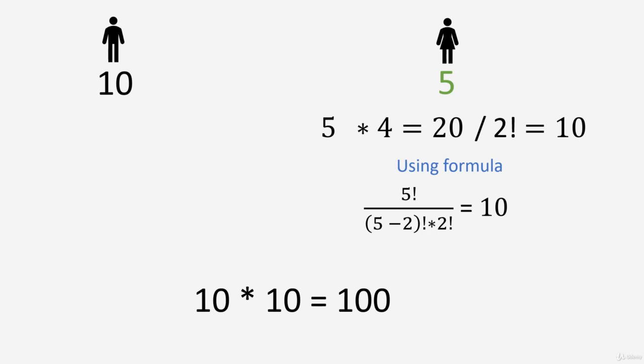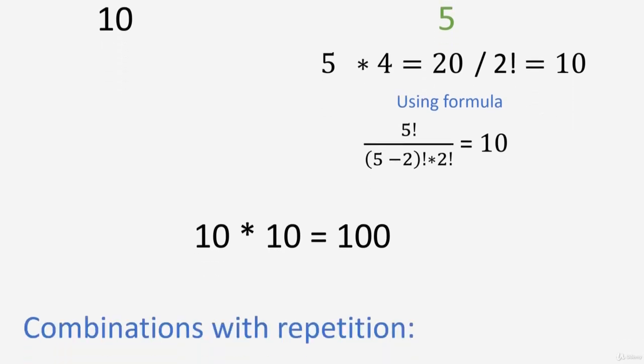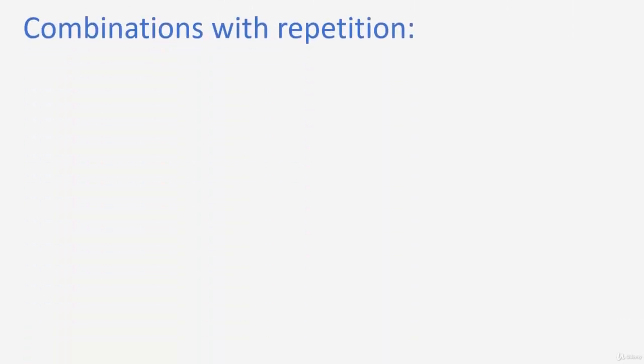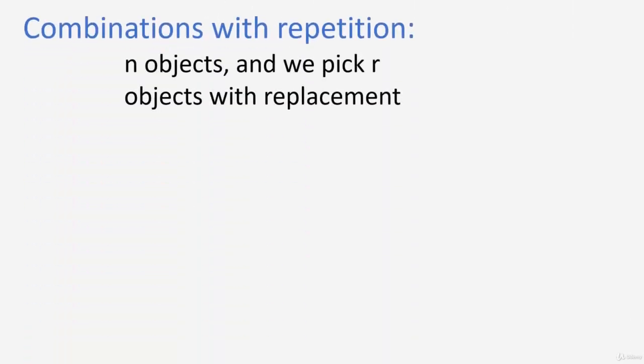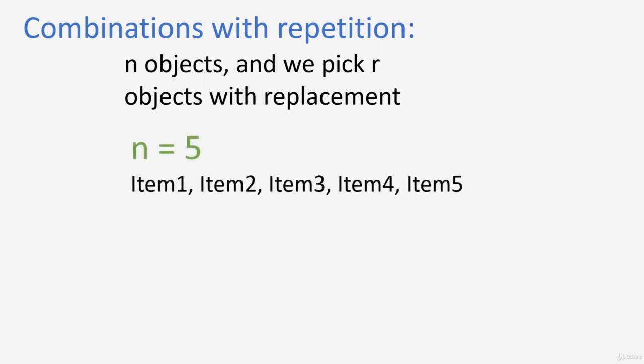So let's move on to combinations with repetition. So we have been given n objects, and we want to select our objects with replacements. So imagine that n is 5. So we have item 1, item 2, all the way up to 5. And then r is 3. So we are picking 3 elements. But this time, when we are picking element, we will put it back into the set.